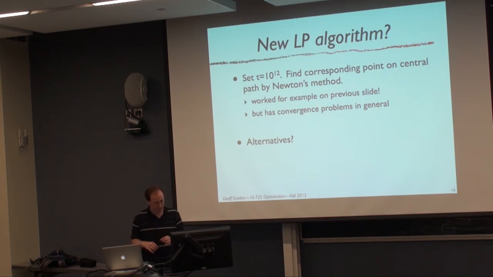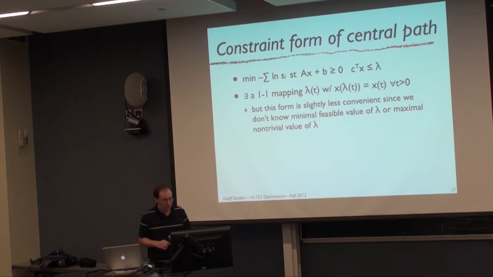All right, so let's try and get a little bit more intuition for the central path and hopefully end up with an algorithm. So I wanted to mention, just like with the lasso, we have both a regularization form and a constraint form of the lasso to get the lasso solution path.